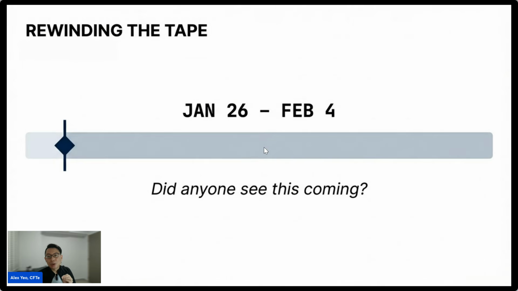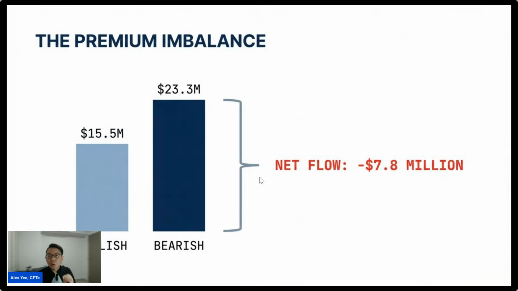I think not many people will actually read some of this ETF options flow as well. What I saw was that there was a premium imbalance. The net money flow was minus 7.8 million, which means that more of these institutions were buying puts or selling calls.